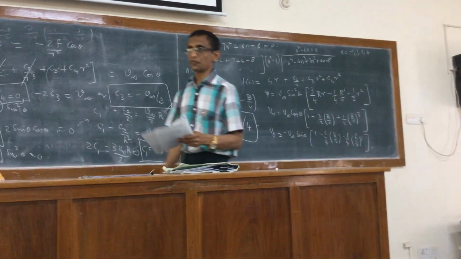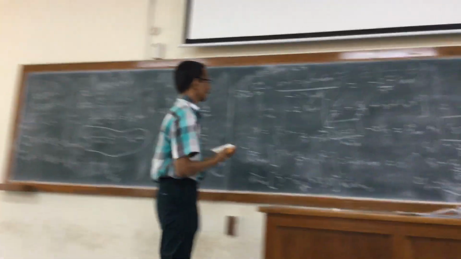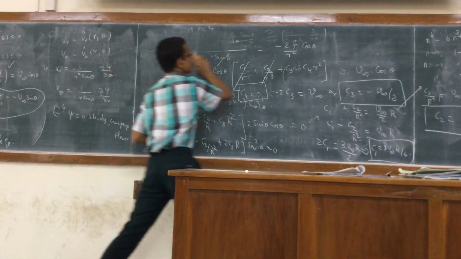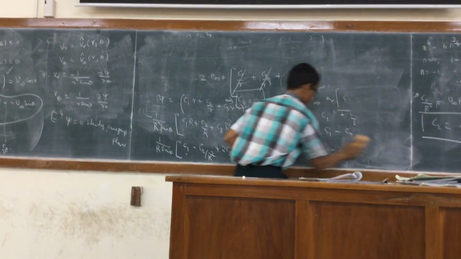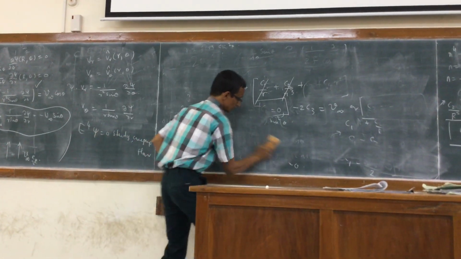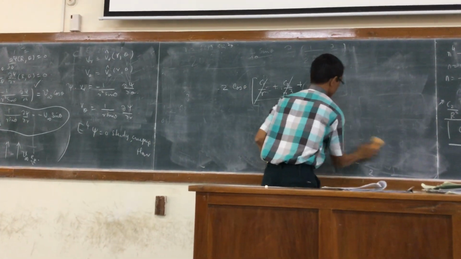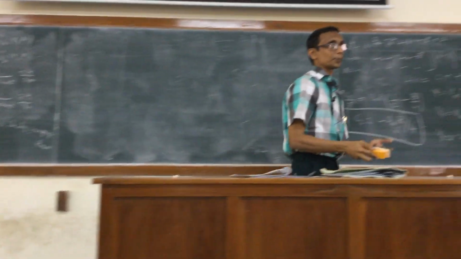You can easily verify by doing this differentiation again and getting the answer. So I don't need all this. I will let you complete and verify these answers. So now what is to be determined is the pressure distribution.